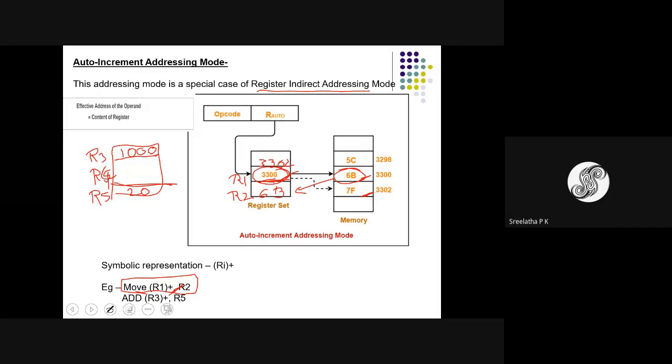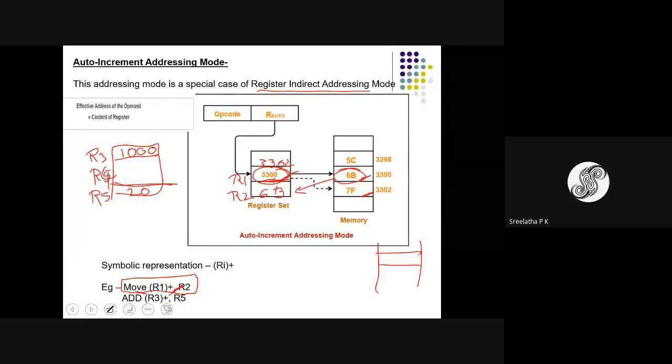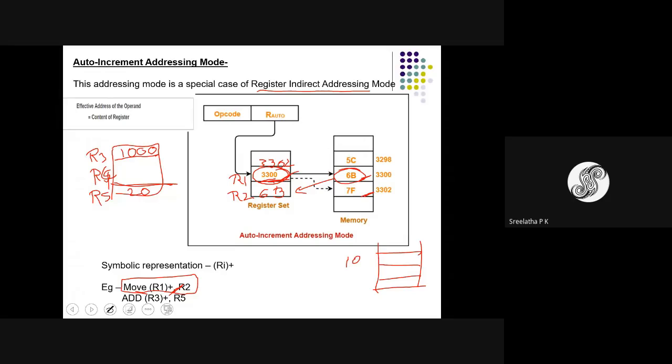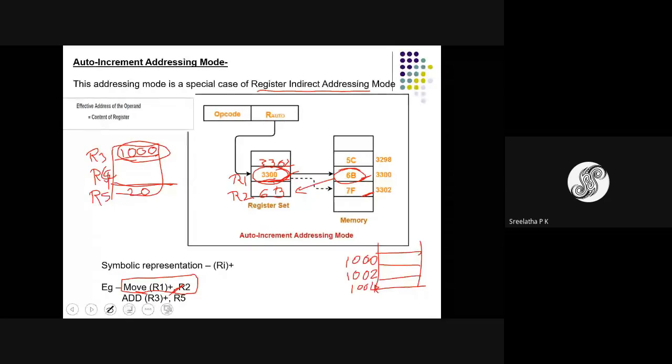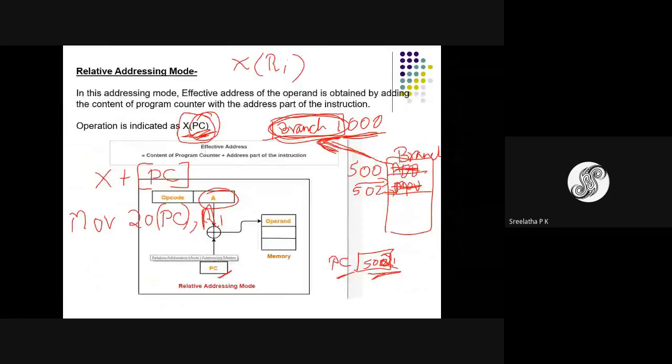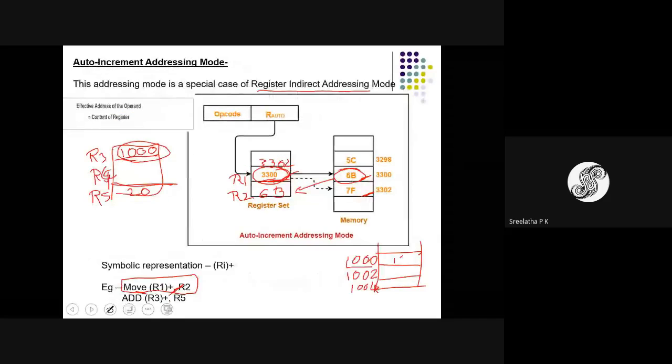Fine. So in memory location, there is 1000. Okay, I consider 2-byte addressing only. This is 1002. This is 1004. Fine. The R3 register content is the effective address. So at this address, whatever value is stored, suppose 10 is stored here.